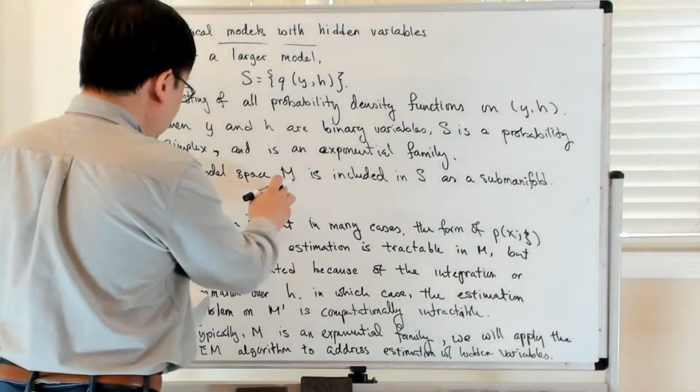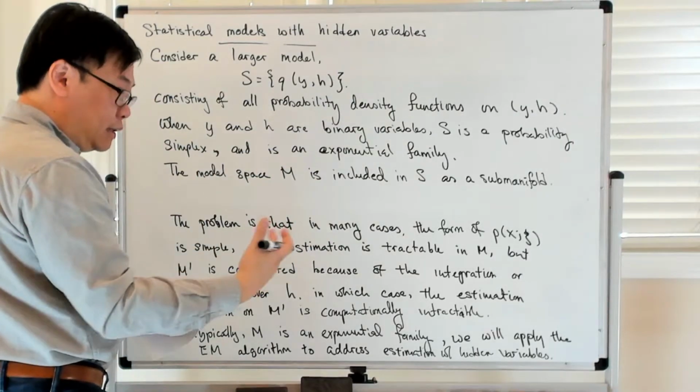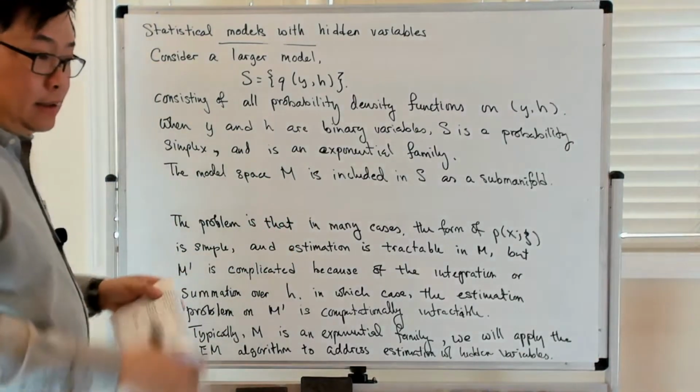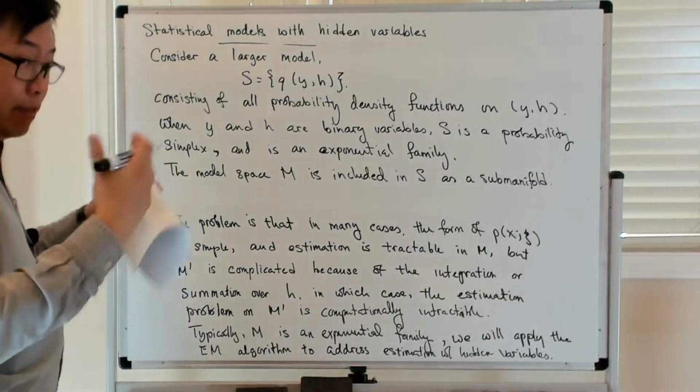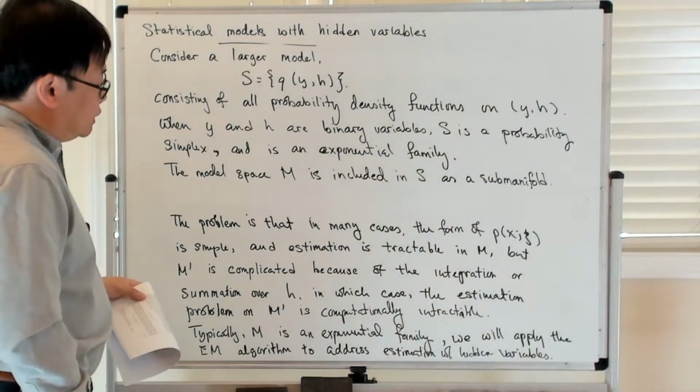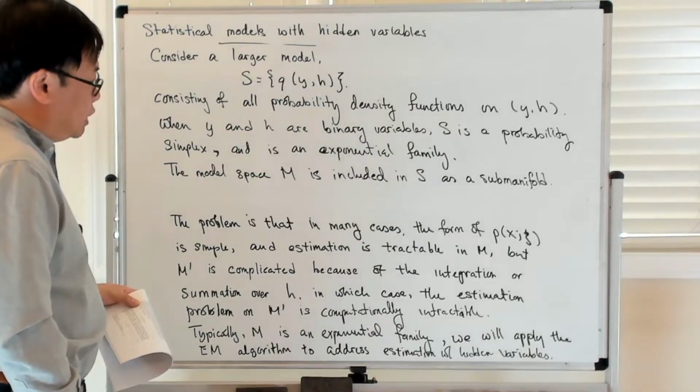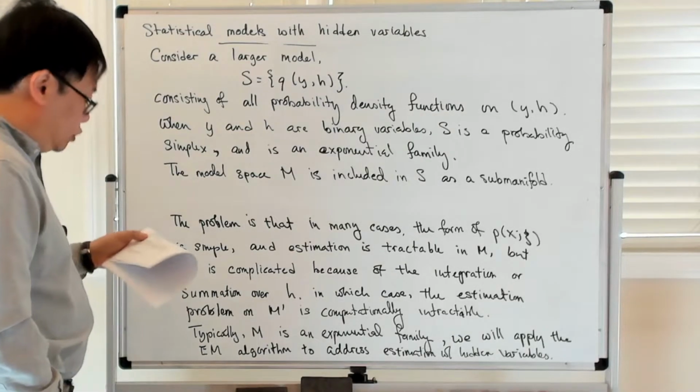So that's how you're going to think of M as being a curved embedded family of exponential distributions, if you will.